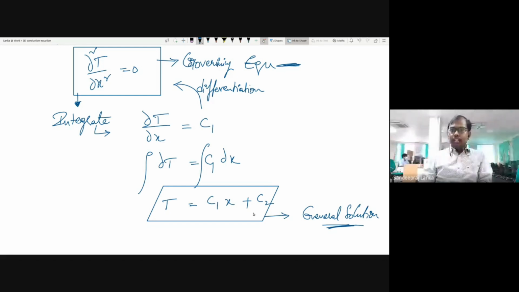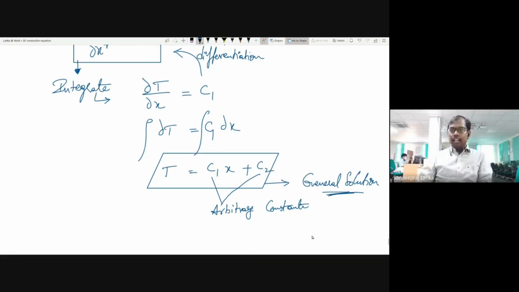In this general solution, you have arbitrary constants, C1 and C2. To solve for these arbitrary constants, you have boundary conditions. That is the use of boundary conditions: they help you find out what C1 and C2 are.